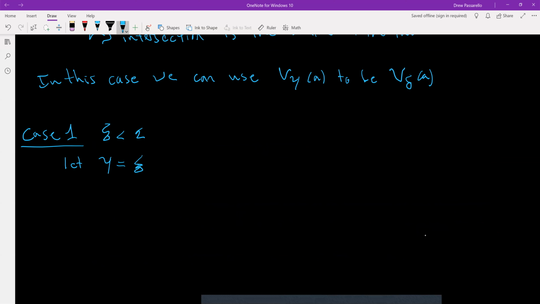Now, case two would be if the epsilon neighborhood is less than the delta neighborhood. If that's the case, then I'm going to let gamma be equal to epsilon. All right, that's the smaller of the two. And then case three is if they're equal.